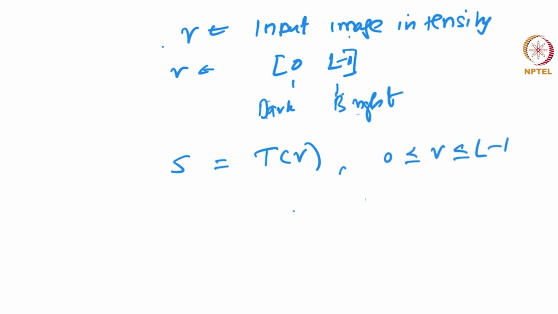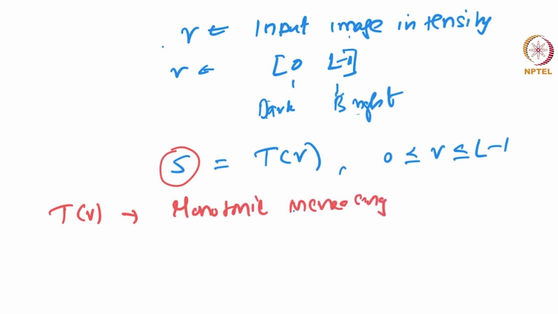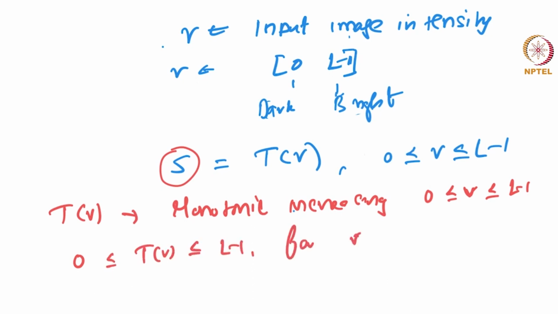So the idea is that it produces an output S. And the assumption is that T of R is a monotonic increasing function in the interval 0 less than or equal to R less than or equal to L minus 1. Okay. And even after transformation, 0 less than or equal to T of R less than or equal to L minus 1 for R in 0 less than or equal to R less than or equal to L minus 1.